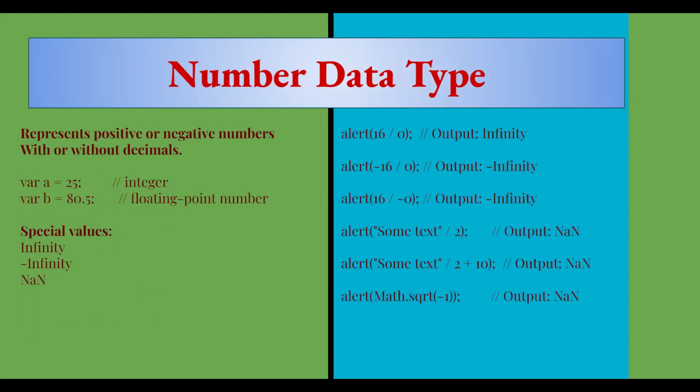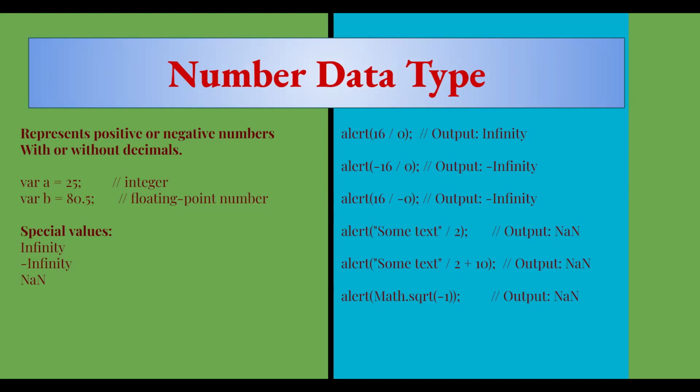Next is number. The number data type is used to represent positive or negative numbers with or without decimal places. For example, variable A has an integer value and variable B has a float value. The number data type also includes some special values which are infinity, minus infinity, and NaN.